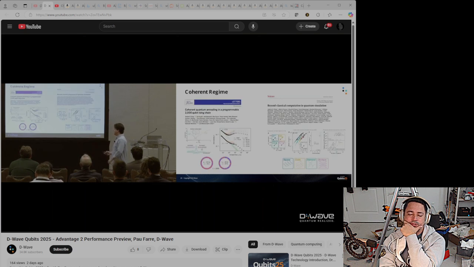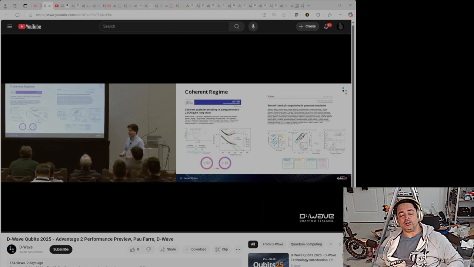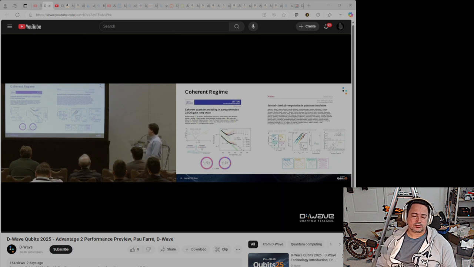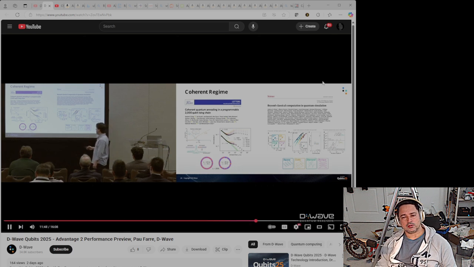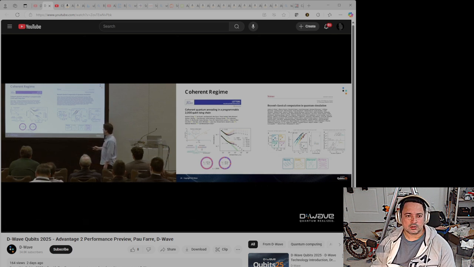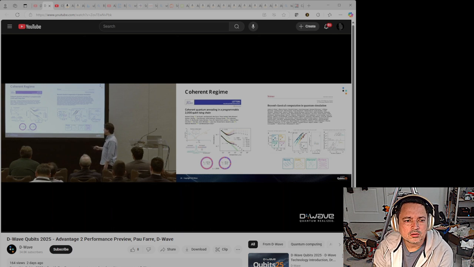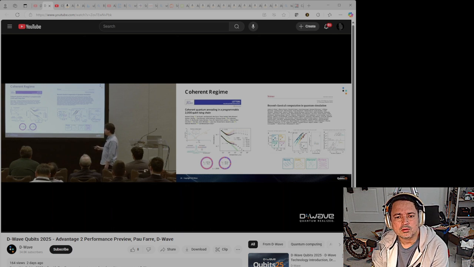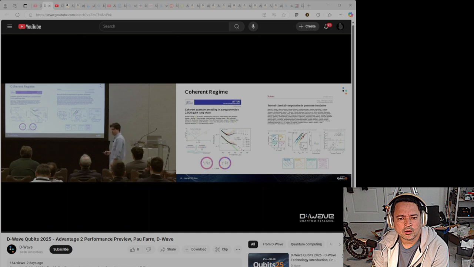It's thanks to fast anneals that we got some very nice results. Here on the left, we have the simulation of the coherent behavior of a 2,000 qubit Ising chain. And this is the fast annealing regime. In the fast annealing regime, we find a complete agreement between coherent theory and the results that we get from the QPU.